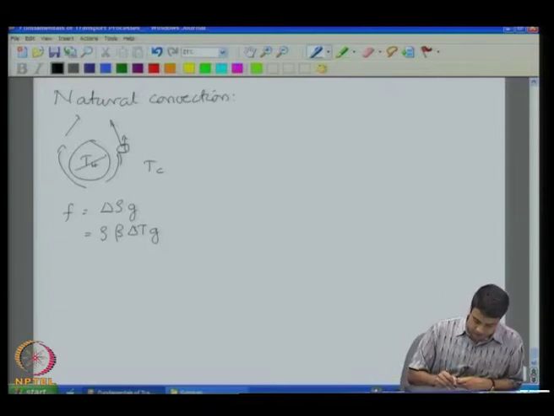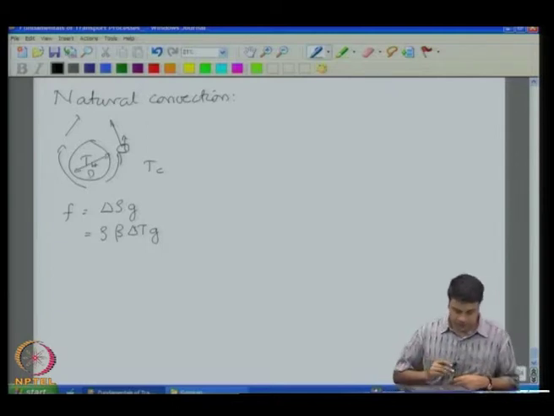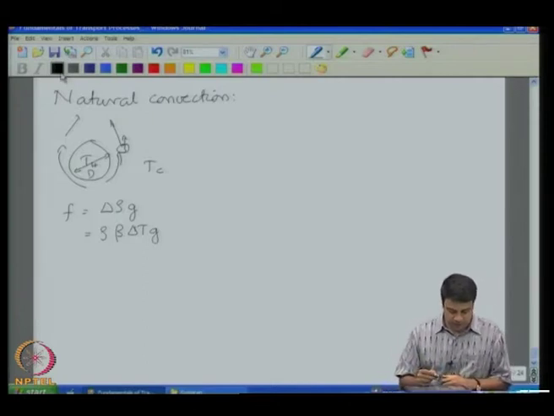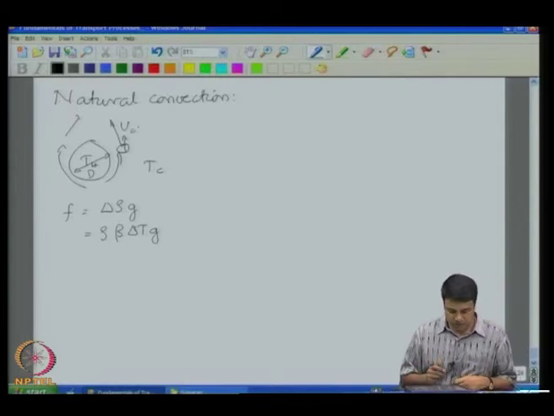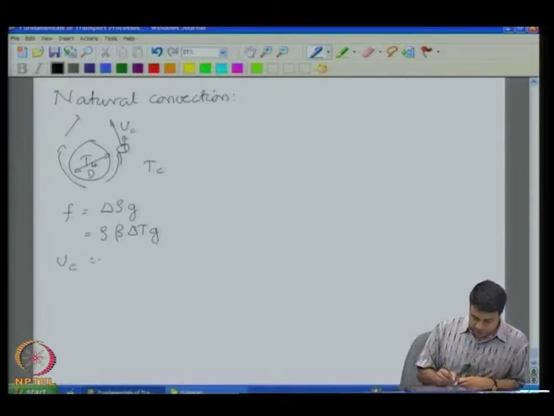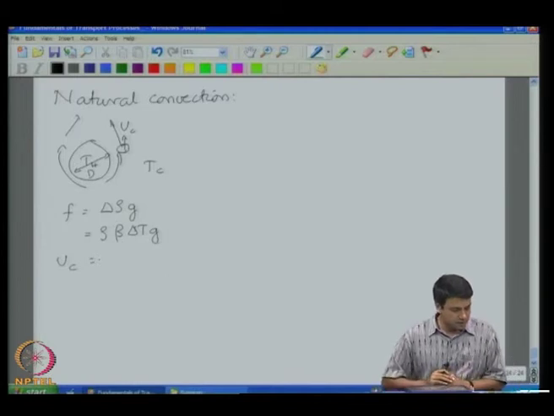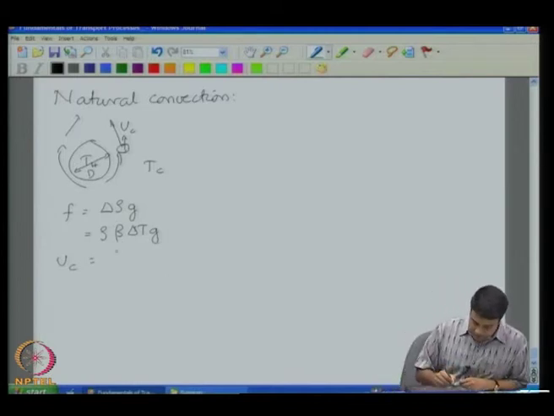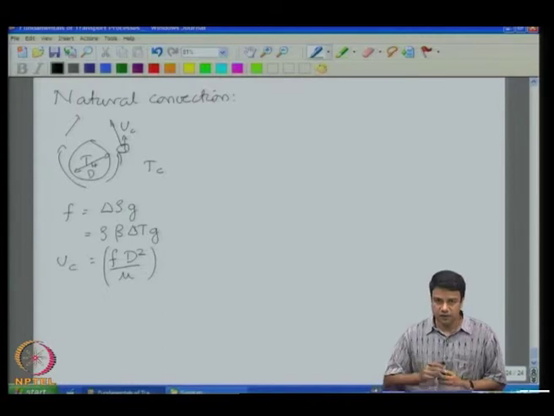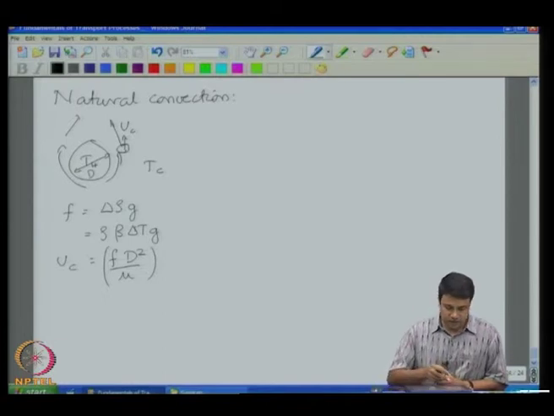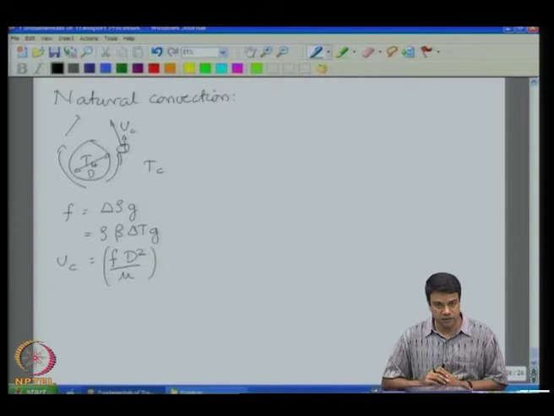If this object has a diameter d, then the characteristic velocity with which the fluid is moving upwards, uc, just from dimensional analysis will go as f times d square by mu, where f is the force per unit volume. You can very easily verify that this ratio has dimensions of velocity itself.